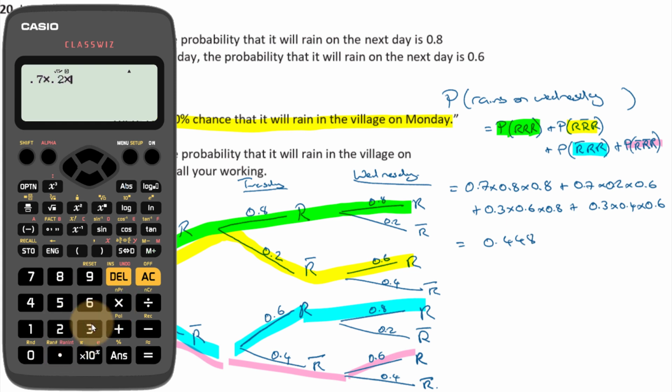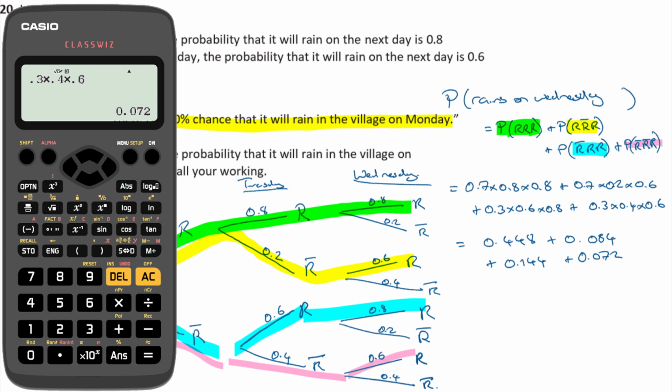Okay, 0.7 times 0.2 times 0.6, that comes out to be 0.084, plus 0.3 times 0.6 times 0.8, that comes out to be 0.144, and then finally 0.3 times 0.4 times 0.6, that comes out to be 0.072.